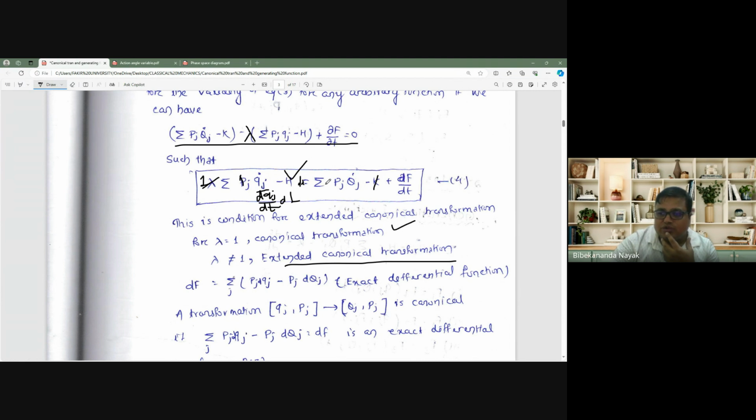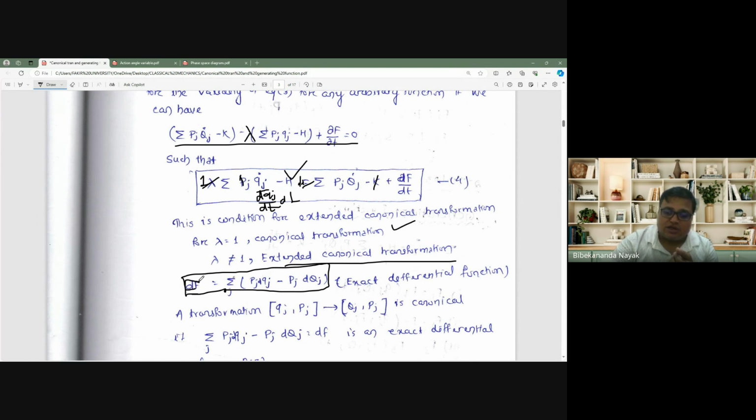So from this we can say df is nothing but the sum over j of small pj dqj minus capital Pj dQj. We take it to this side, that is minus. That means df is an exact differentiable function. We can calculate df. The sum over pj dqj minus capital Pj dQj must be an exact differential, meaning df.